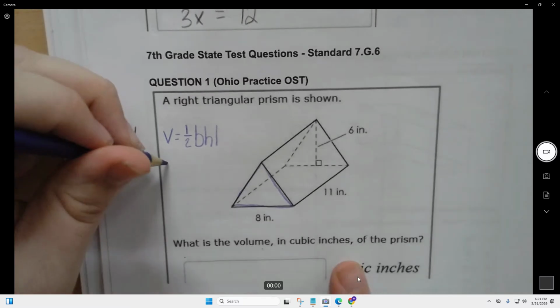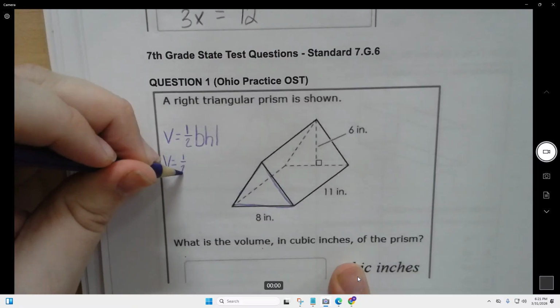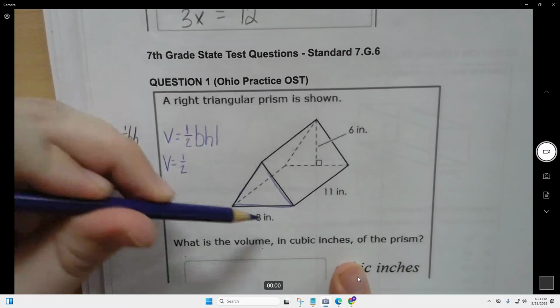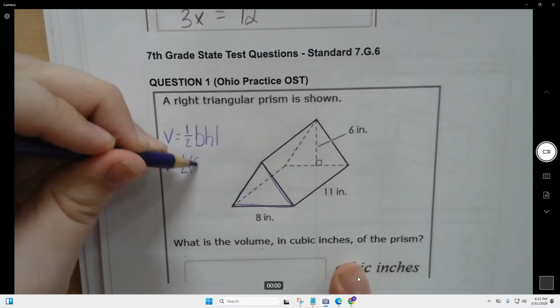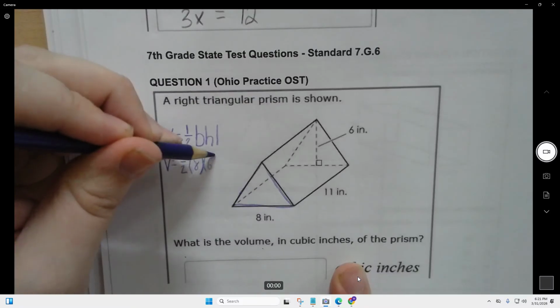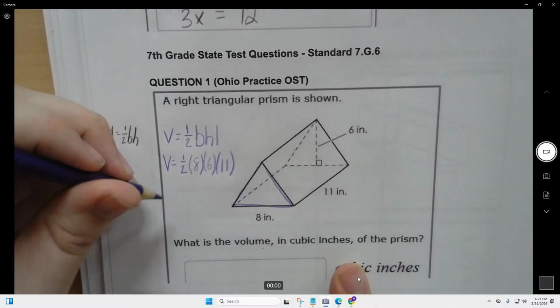So we put in our numbers. Base is 8, height is 6, length is 11, and we do our multiplication.